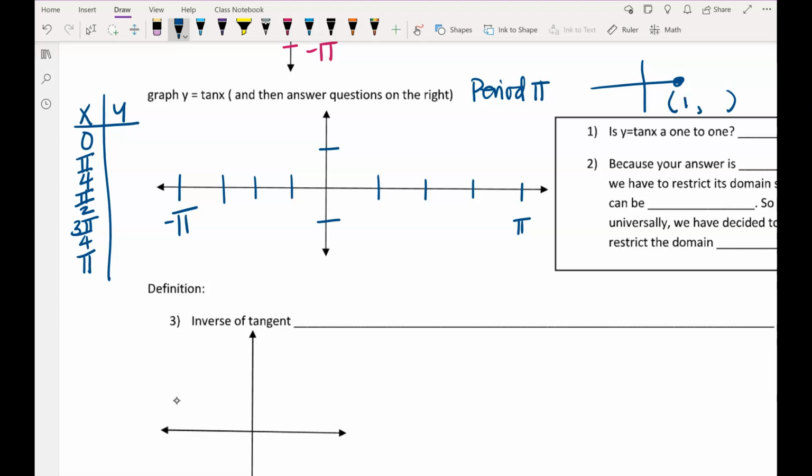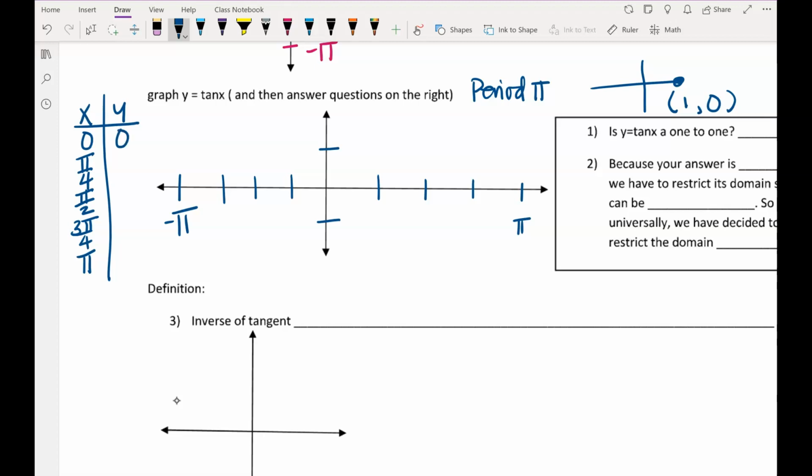What's y? 0. So what is it when we say sine divided by cosine? What's sine? 0. What's cosine? 1. So what's 0 divided by 1? 0, right? Undefined only if the denominator is 0.